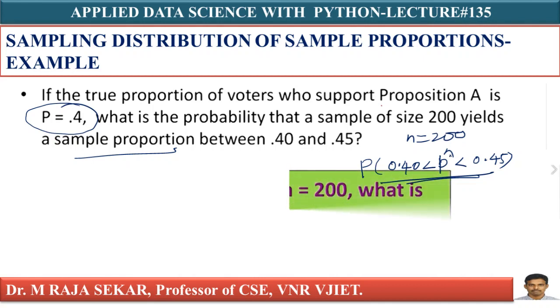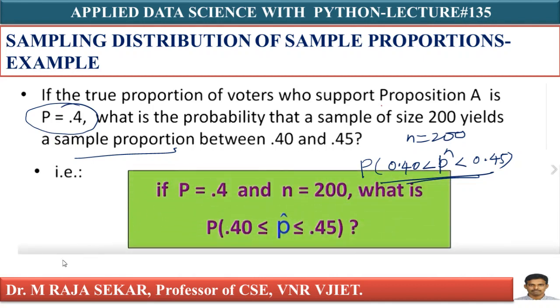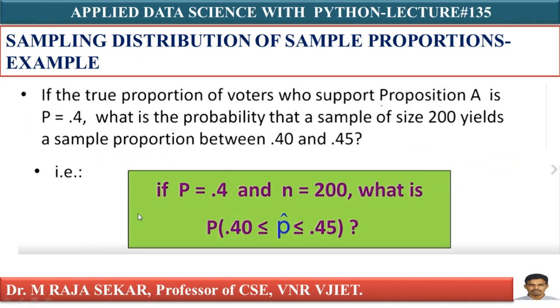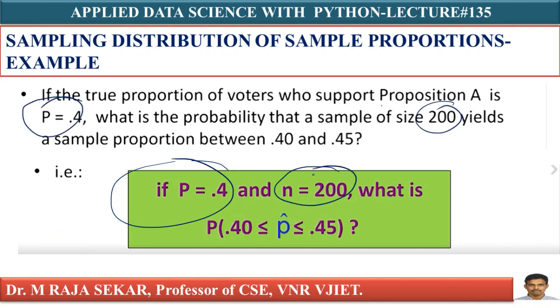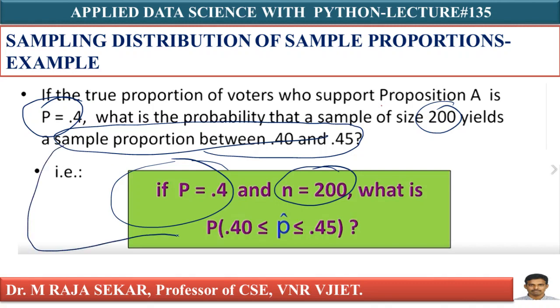How can I calculate? It's simple and straightforward. Just we are writing what is given: capital P is 0.4 and n is 200, therefore the sample size is 200. What I need is the probability of the sample proportion between 0.40 and 0.45.